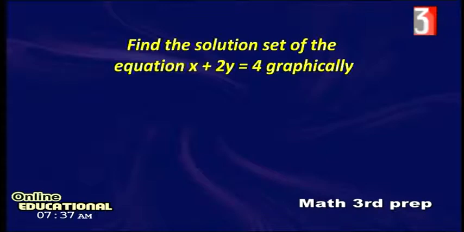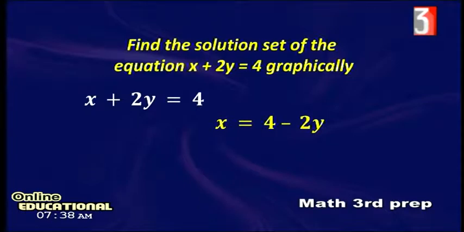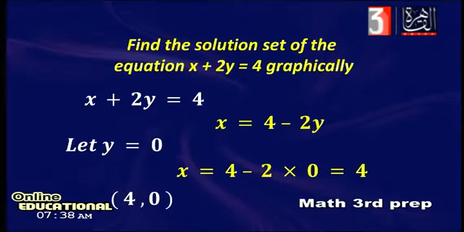So we are going to let some values for either x or y. Let y equal 0. Then x equals what? It is 4 minus 2 times 0, by substituting in the equation, to obtain 4. And in this case, we can say that the first ordered pair is (4, 0).